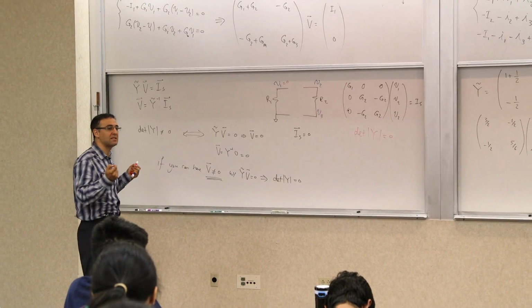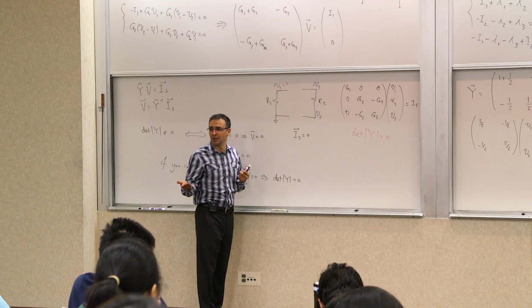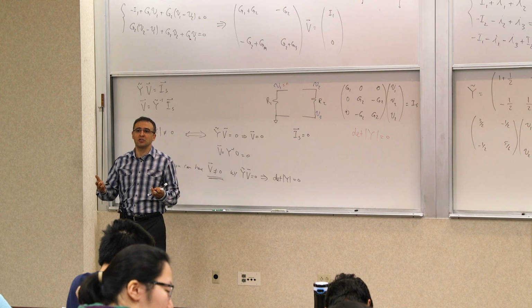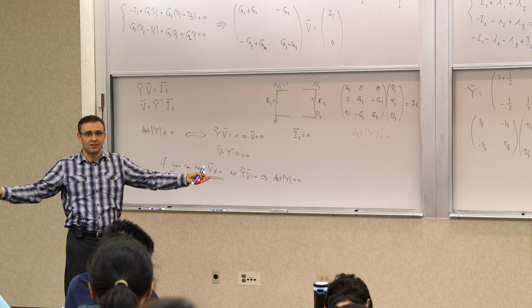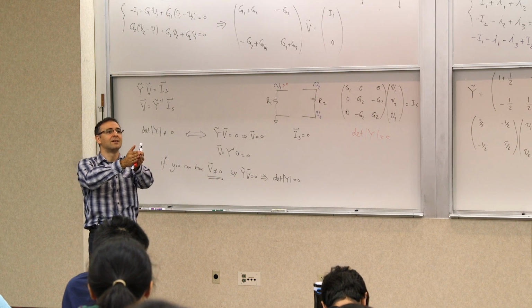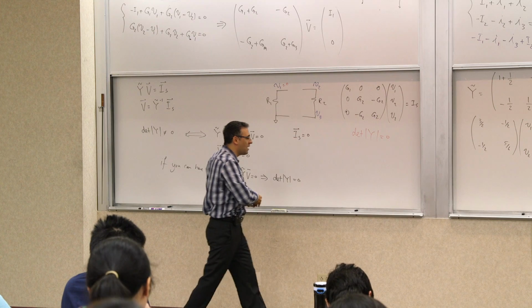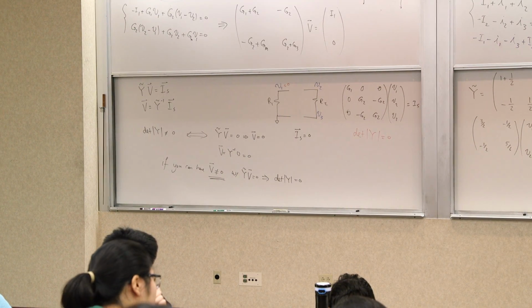If that exists, it means that that circuit is singular. That Y matrix, associated Y matrix is singular. It means that the determinant of Y is 0. It means that that linear transformation transforms in such a way that it cannot be inverted. It collapses multiple points to one point, right? So there are different ways of saying the same thing.